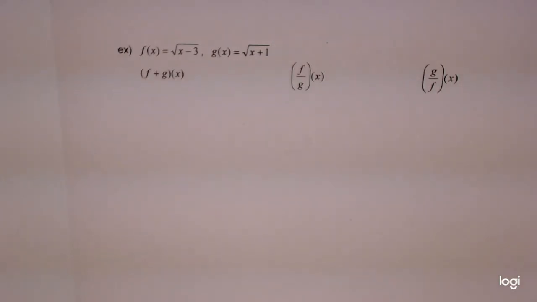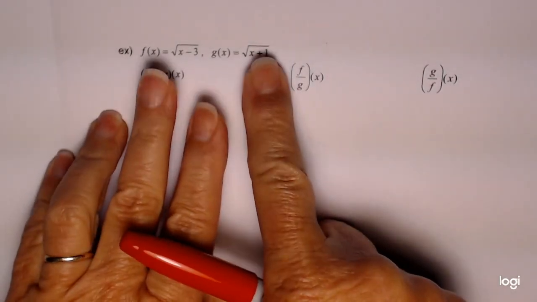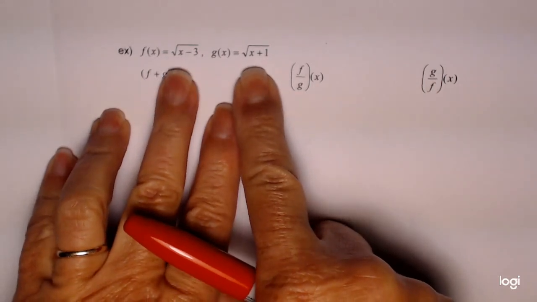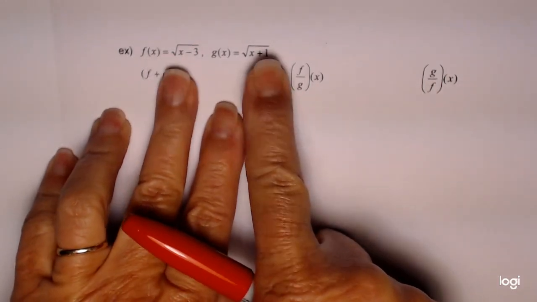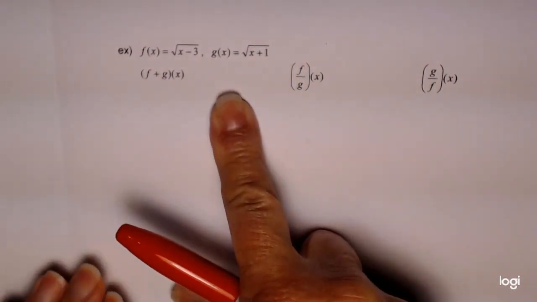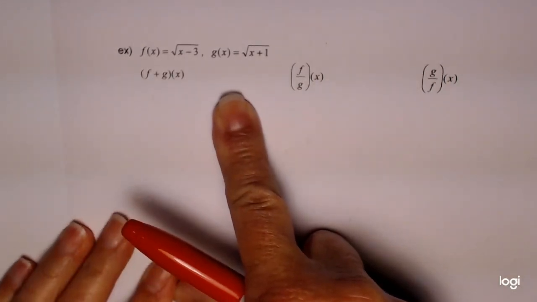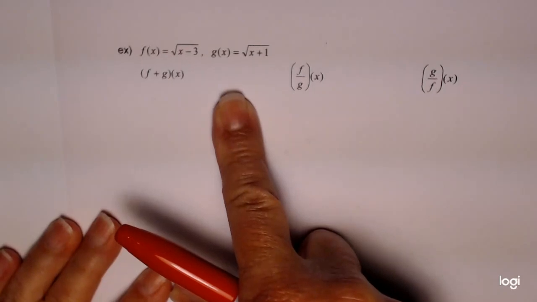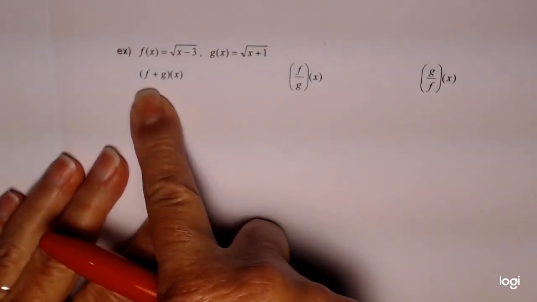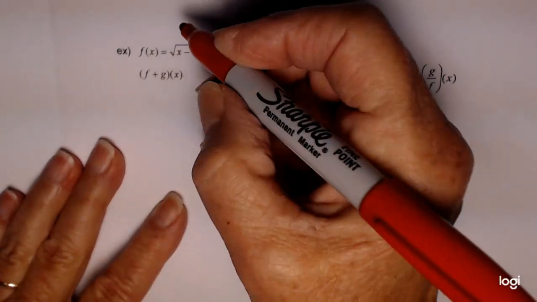In this example, we're going to be looking at two functions, both of which involve square roots. So there are going to be limitations to the domains of both of these functions, which has implications for the domains of the functions that we will create. So first, let's create these functions, and then let's look at the domains. So the first one, f of x plus g of x.